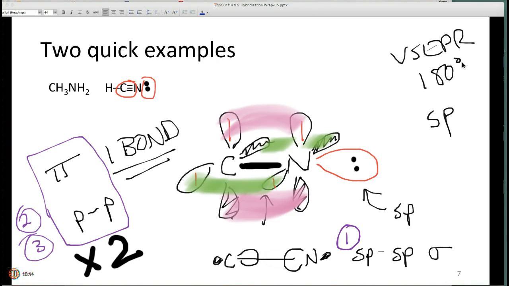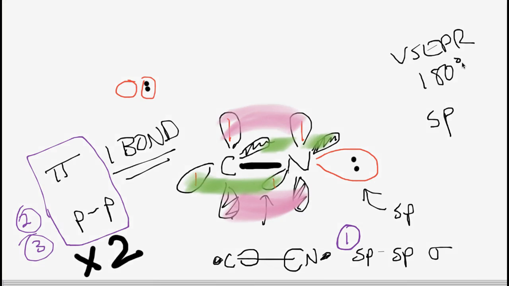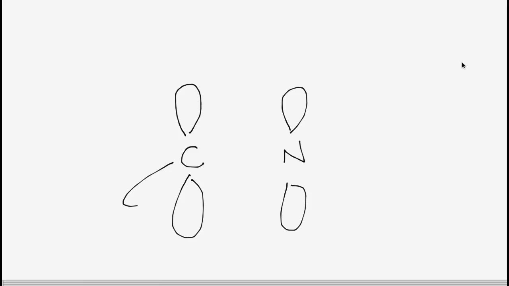What's the hybridization? How does this help us? The only hybridization that is going to leave us with the bonding orbitals that we need in order to have a triple bond, we must absolutely have two leftover p orbitals on each atom.